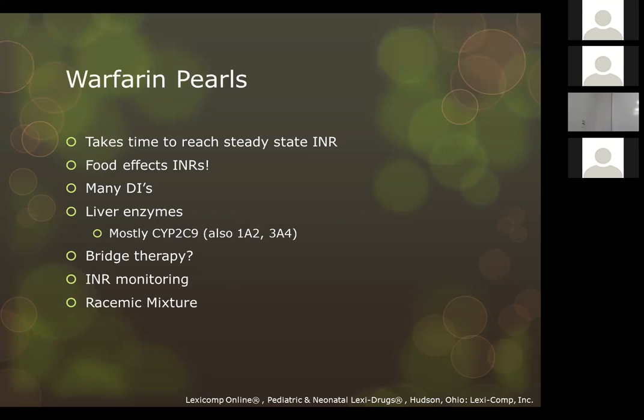As I said, it is a racemic mixture. There's the S and the R warfarin. The S warfarin is what I'd call super warfarin because it's the more potent form and it is metabolized by 2C9, 1A2, and 3A4. The R form of warfarin isn't metabolized by 2C9. It's by a different enzyme, 1A.